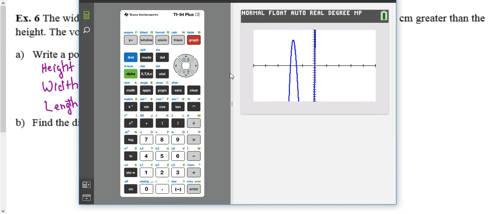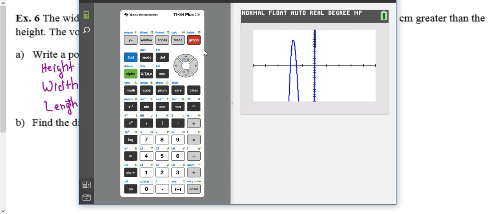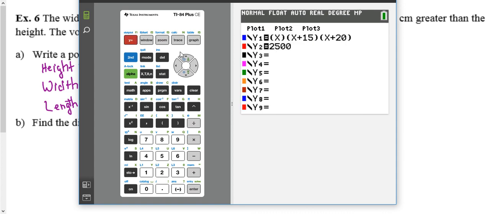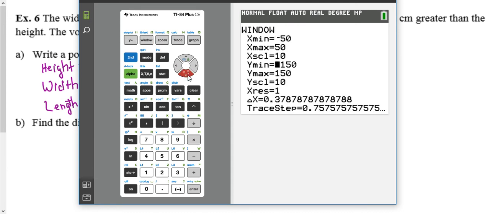Right now, what I want to find is all my x values, because we're looking for x. And I want to find y equals 2500, by the way. So I really should play around with my window setting a bit more.